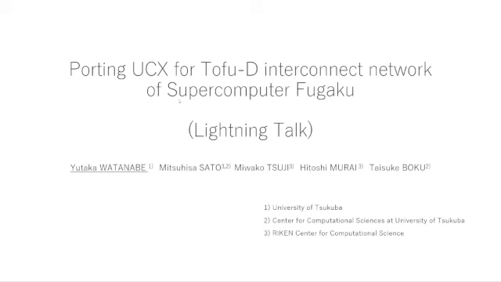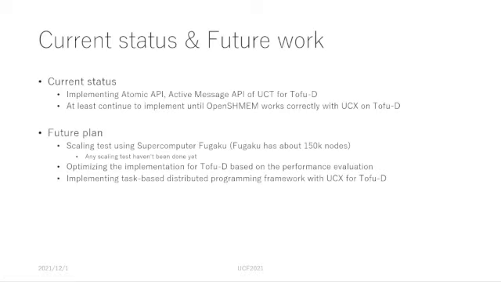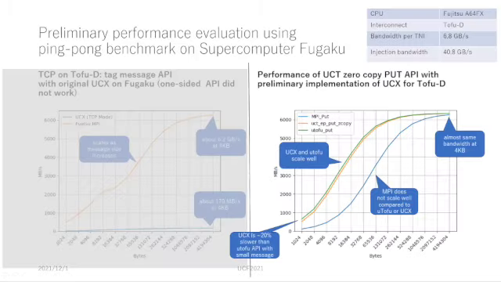I have one question. Yes, Pasha. The 20% overhead on small messages, do you have any idea what contributes to the overhead of 20%? Actually, I'm not sure where the overhead comes from, but I think our implementation of flushing the queue is not good.